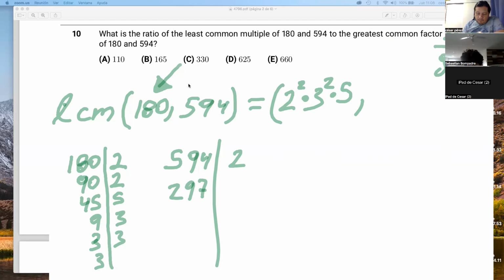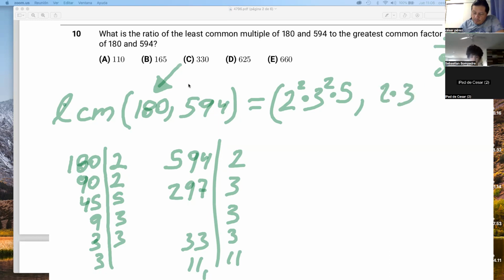Divisible by 9. Okay. 3 and 3. It's 33. Okay. It's divisible by 11 and 3. So we've got 2, 3 and 3, 11. Okay.